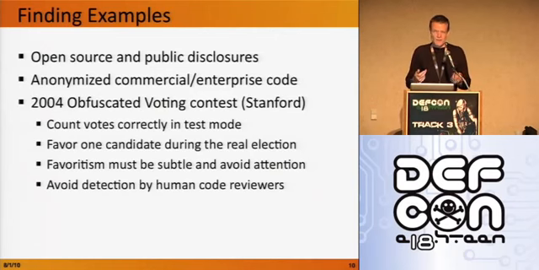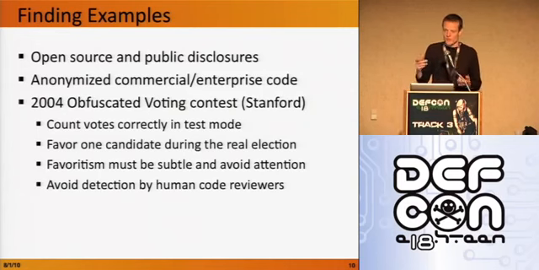So in this case, we had 40 or 50 strong programmers come in and try to circumvent a review, try to keep auditors from finding their insider code, their time bombs, or whatever it might be. And we found that this was a great example of the techniques that programmers are likely to use to try to avoid detection. So between these three sources, we've come up with the examples that we'll talk about today.